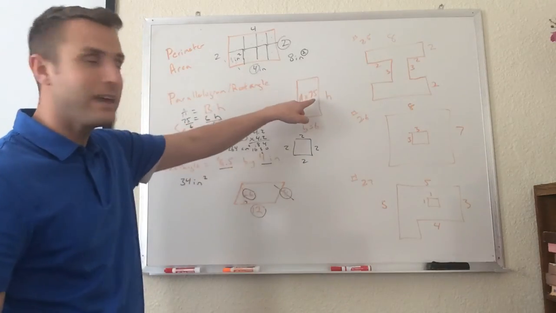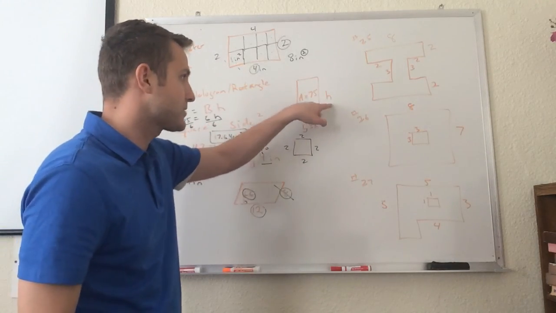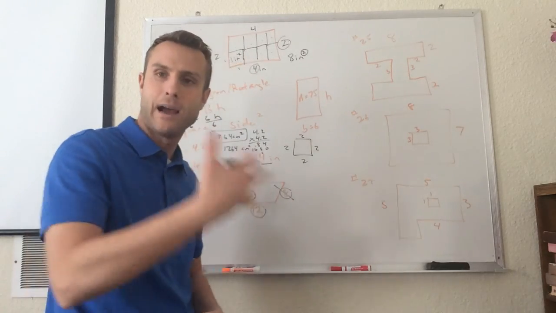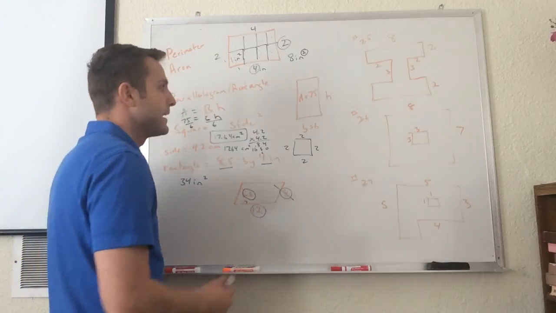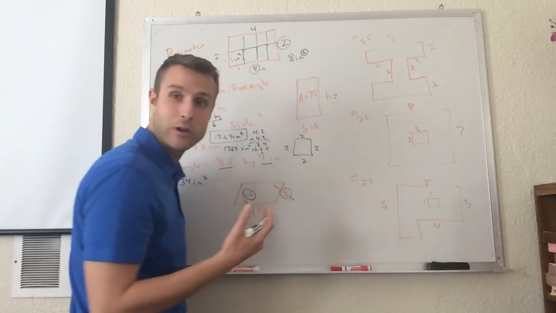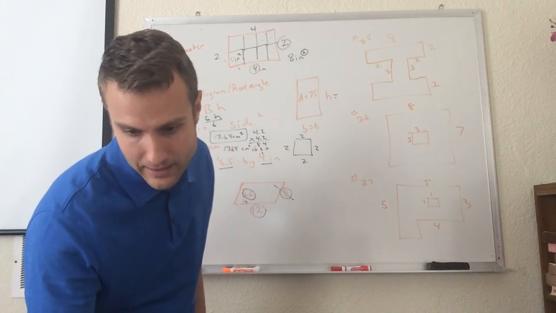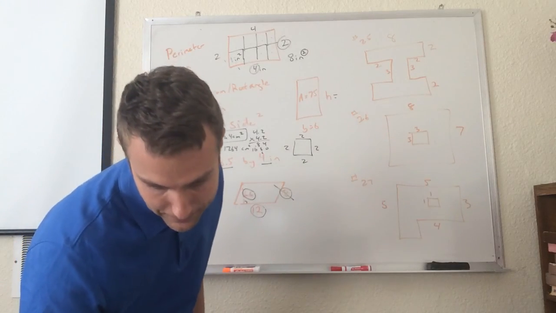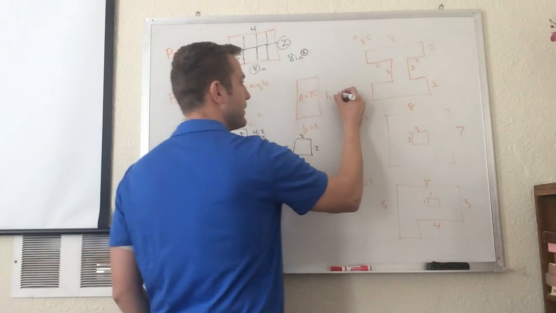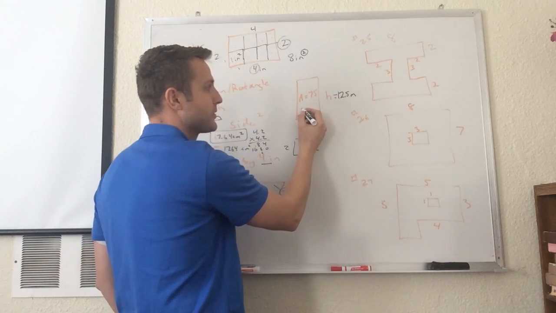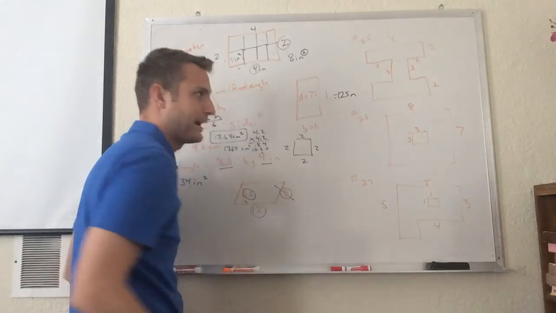So if it gives you the area and it gives you the base or the height, always divide the area by either the base or the height, and that will give you the other number. If it's asking for height, that's not an area, so your label, I'm going to do 75 divided by 6. That's going to give me 12.5 meters. This is not squared because it's not asking for the area, it's asking for the length of the height.